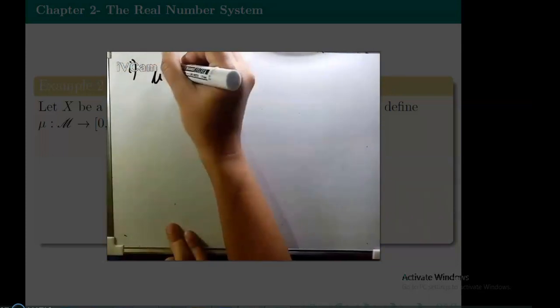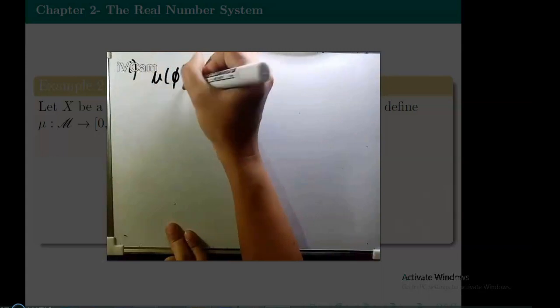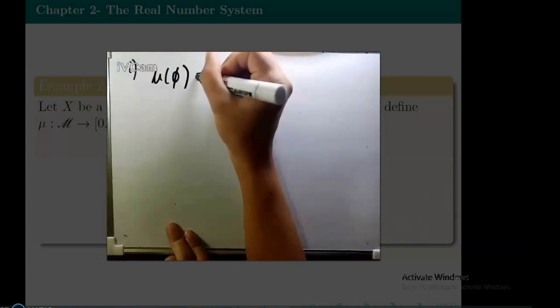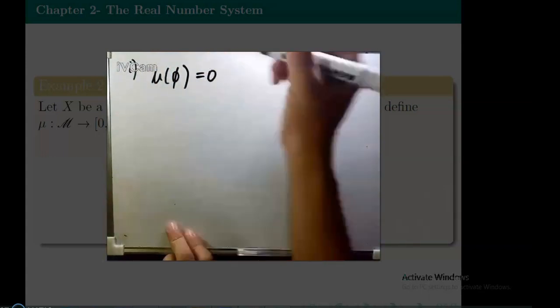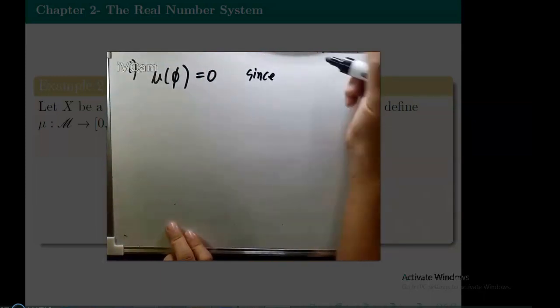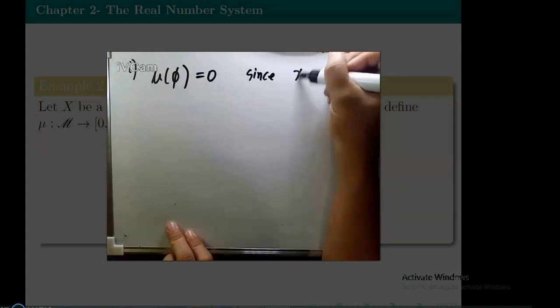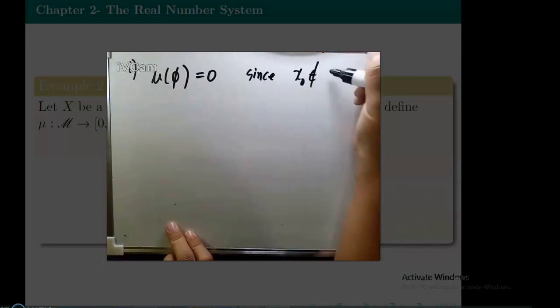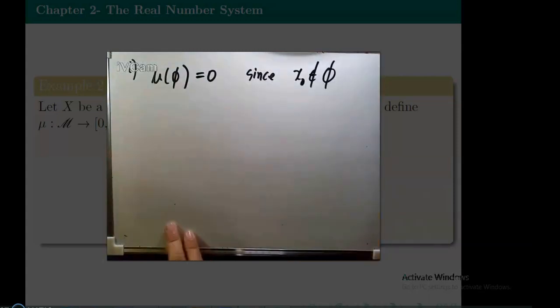We have mu of the empty set is equal to 0. Why? Since, of course, the empty set has no element, x sub 0 is not in the empty set because it has no elements. Therefore, mu of the empty set is 0.